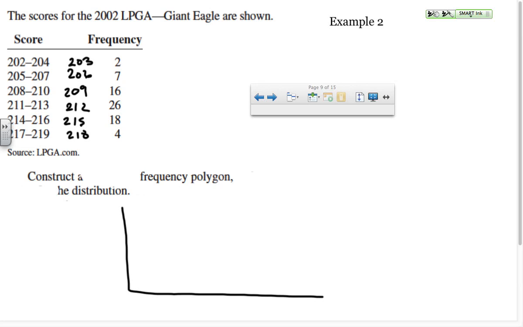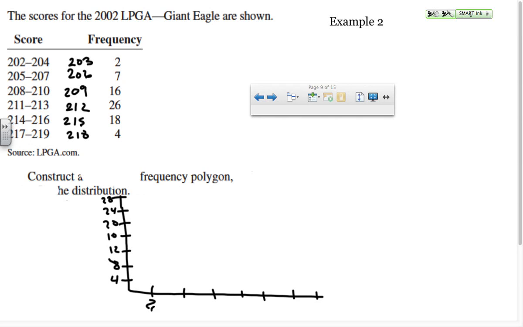Okay. Now I'm using basically the same frequency chart that I used before, so I'm going to keep these the same. 4, 8, 12, 16, 20, 24, 28. But here, I'm just going to have lines with my midpoints.